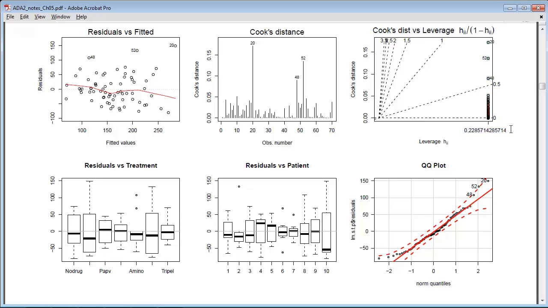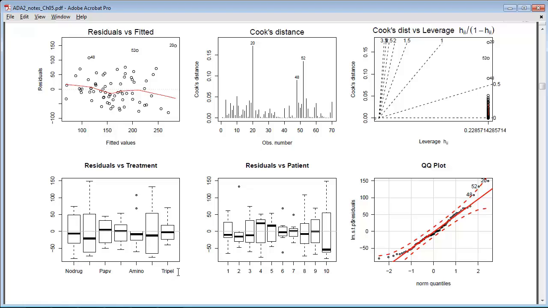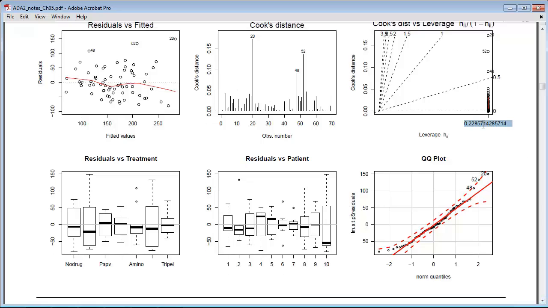And that's because there's no real center here. Everything's a category. It's not that no drug is further out than amino, right? These are 7 different categories. There's no ordering. So they're all just as far from some hypothetical center as any other condition. Similarly, all these patients are different categories, and so they're all equal distance. And so this number, 0.228, etc., is just some number that is the same for every observation. So this plot is not going to give us any information here.